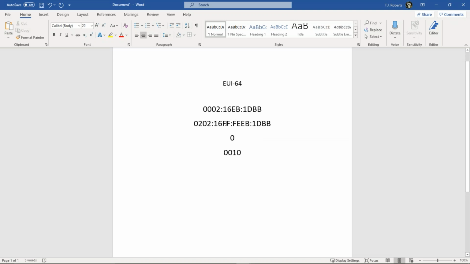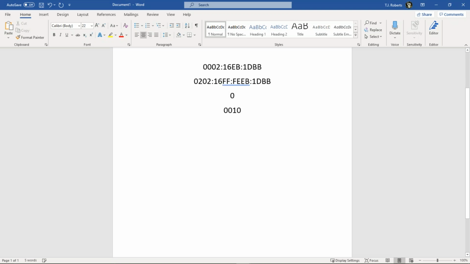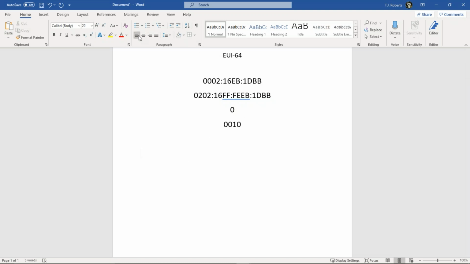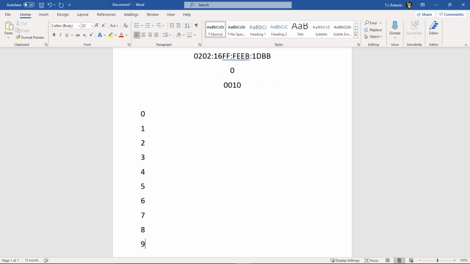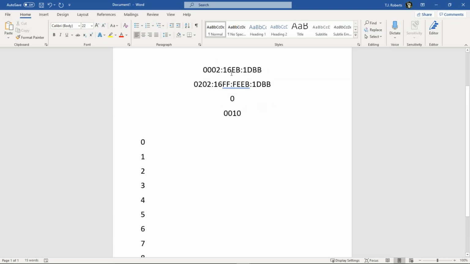Obviously, there are letters in here as well when you're talking about hexadecimal. The thing you have to keep in mind is that all the numbers up to 9 are represented by what they are. So 0, 1, 2, 3, 4, 5, 6, 7, 8, 9 are all represented by the actual numbers.